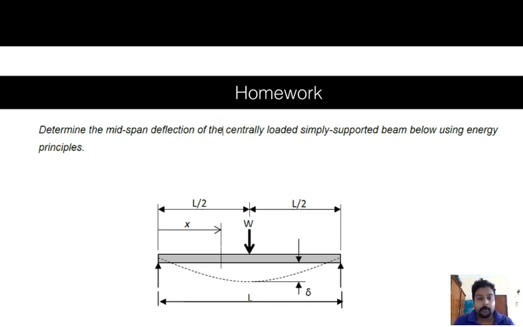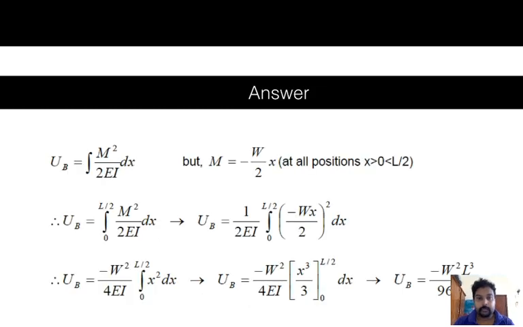So the bending moment is basically minus W times x divided by 2. So M is equal to minus W x divided by 2, from 0 to L divided by 2.